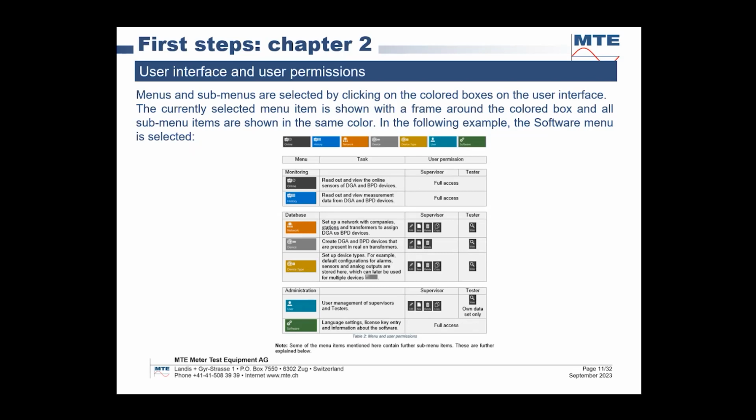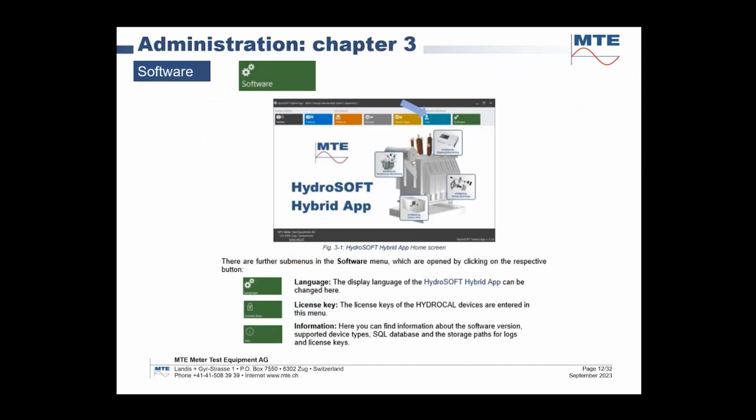A supervisor is able to set up a device, to edit a device, even delete parameters or devices, but a tester can only look into the data or have a look into the different settings, but cannot modify and cannot delete any settings or devices.